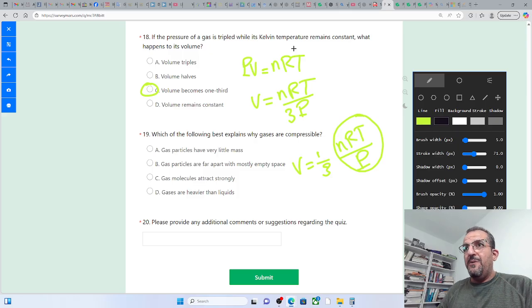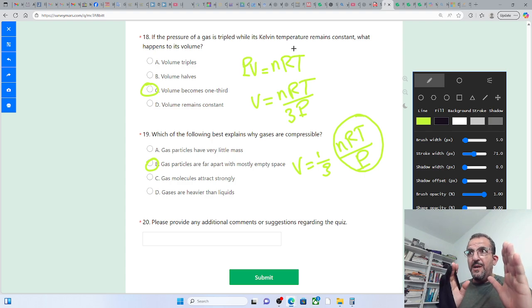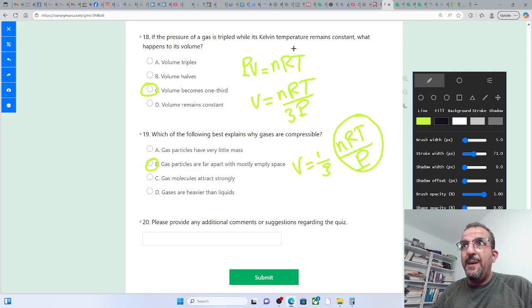Gas molecules attract strongly. Gases are heavier than liquids. So B is the right answer. Between the gas particles or gas molecules, there's a huge space, and that's why we picked B for number 19.